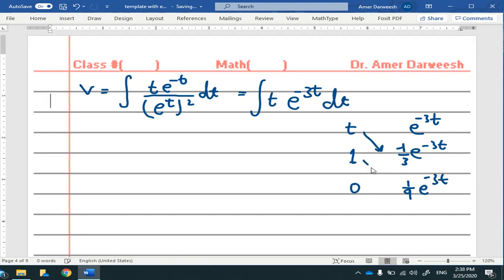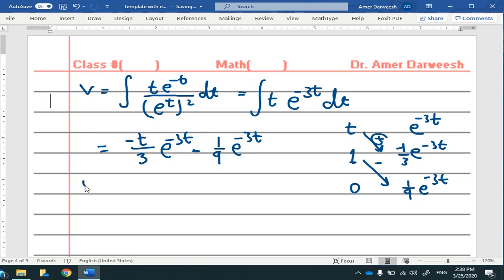So multiply, alternating in sign, positive, negative. The answer now will be minus t over 3 e to the minus 3t, minus 1 over 9 e to the minus 3t. So here's v.